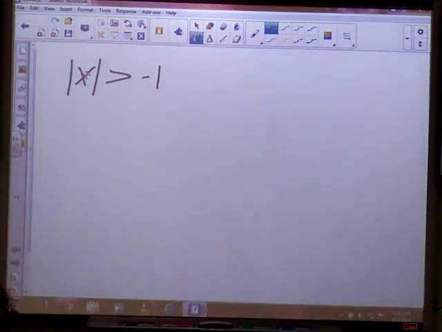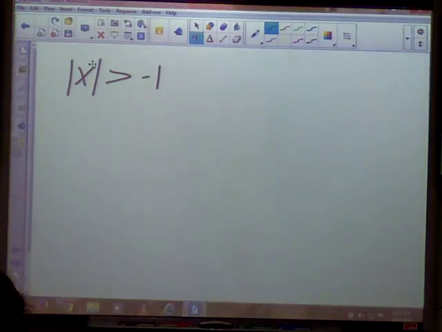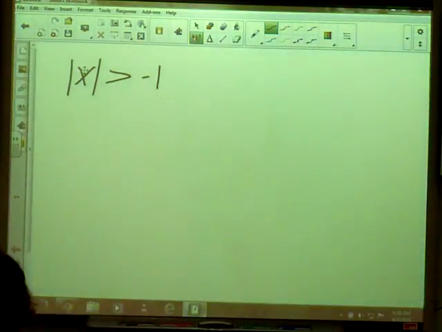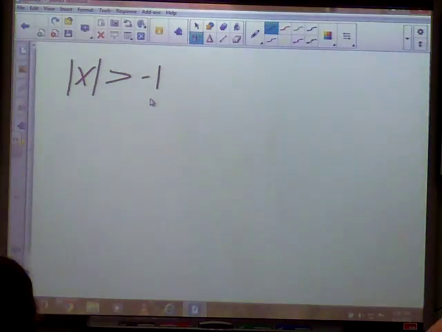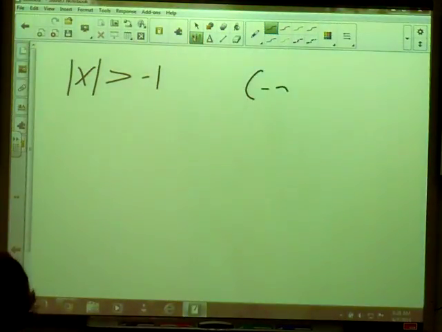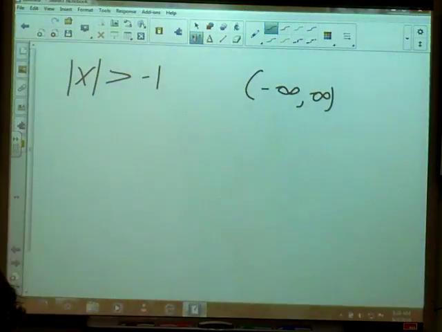Because absolute value of x always has to be what kind of number? A positive. And isn't every positive number going to be greater than a negative? Yes. So this is one of those no-brainer ones. This is going to go from negative infinity to infinity.